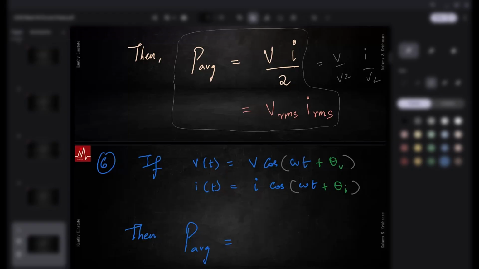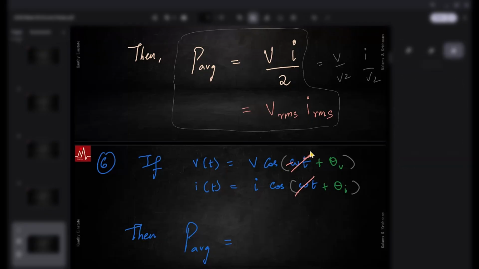Cos(A plus B), that's again a sinusoidal, will disappear. Cos(A minus B): omega t will cancel. What will be left is theta v minus theta I. It's a constant.